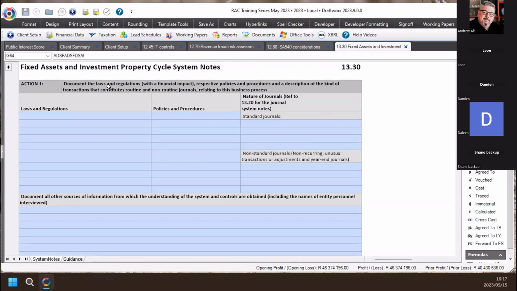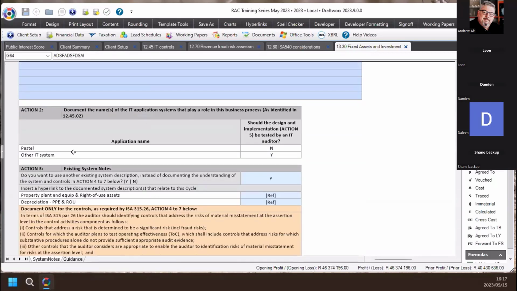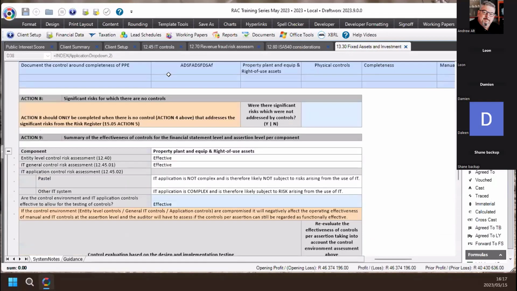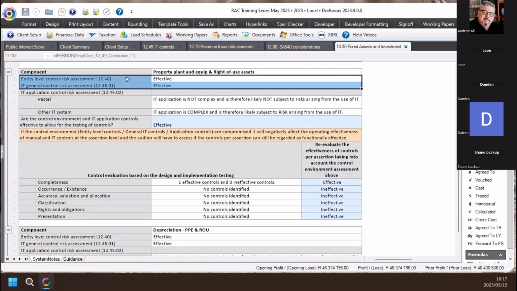There's a link between these documents that you can't just skip one and move on. If I don't know what IT systems are in use, I can't continue here. You can't conclude on controls if you haven't looked at the entity level and IT general controls and seen that they are effective before moving on.